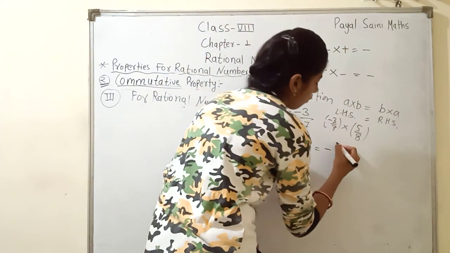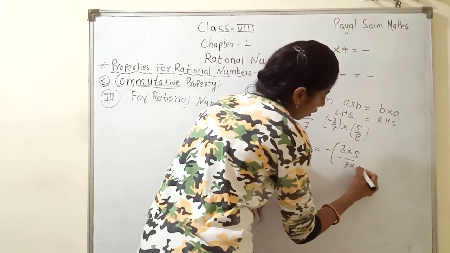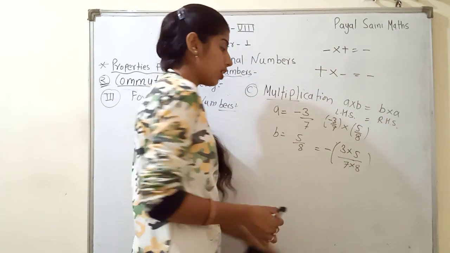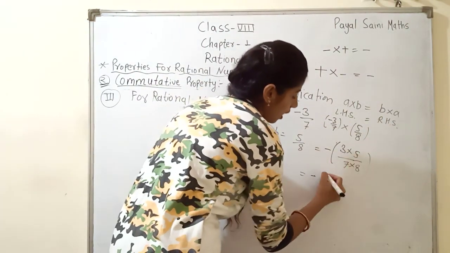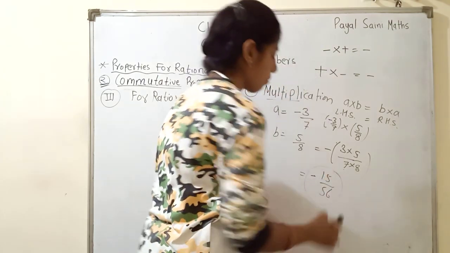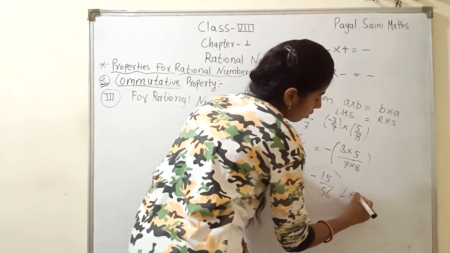Then 3 into 5, divided by 7 into 8. Minus, 3 fives are 15 and 7 eights are 56. Then your answer is minus 15 by 56, the left hand side.